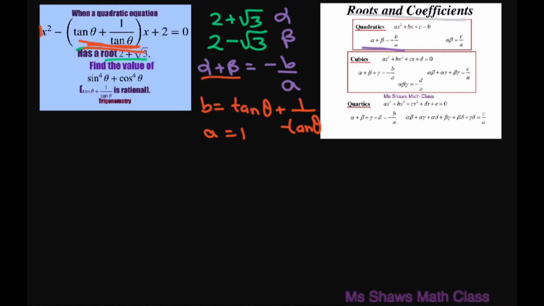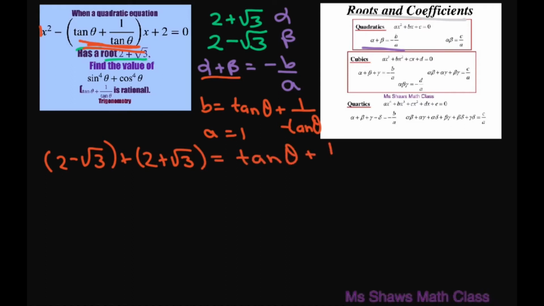So that's going to be 2 minus square root of 3 plus 2 plus square root of 3. And this is going to equal tan of theta plus 1 divided by tan of theta.